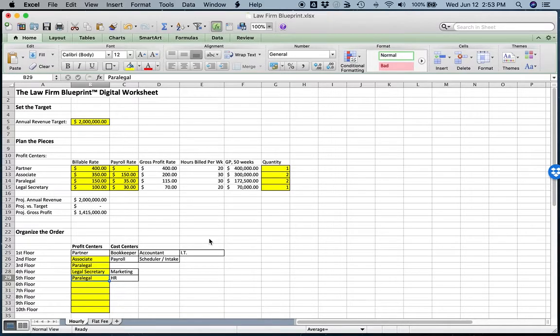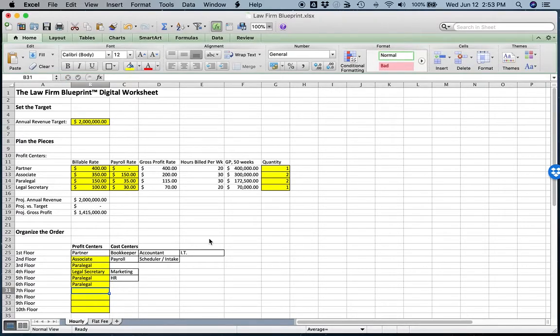And now we've got 1, 2, 3, 4 employees. We need to get some HR support, right? None of these need to be full-time. They can all be consultants, but we need to get some HR support in there just to make sure we're doing everything appropriately and we're managing our risk. And then the last thing we do is add in another paralegal.